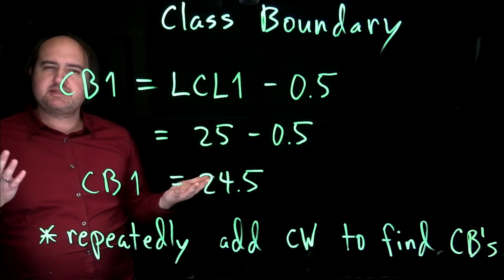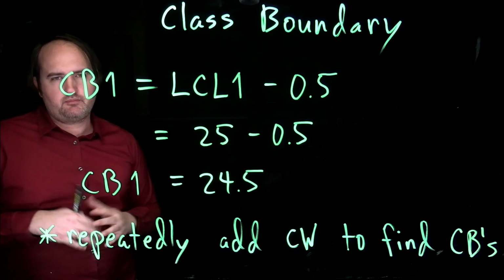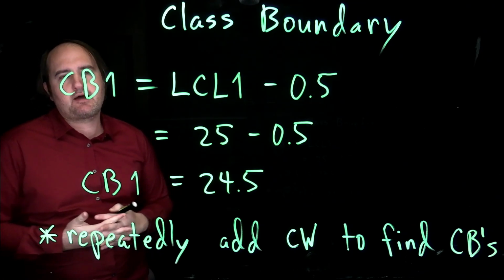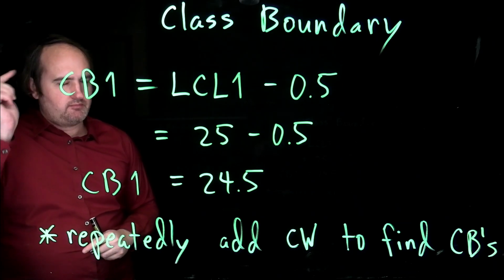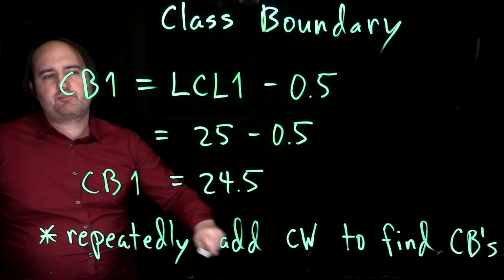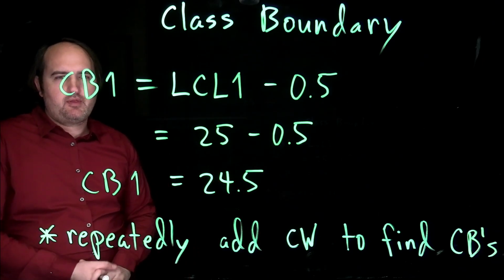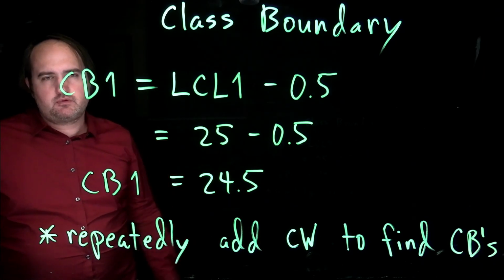Which is nice that all of these different things that we're calculating for our tables, once you find the first one, for all of them, you just repeatedly add the class width, and that will give you the rest of them.